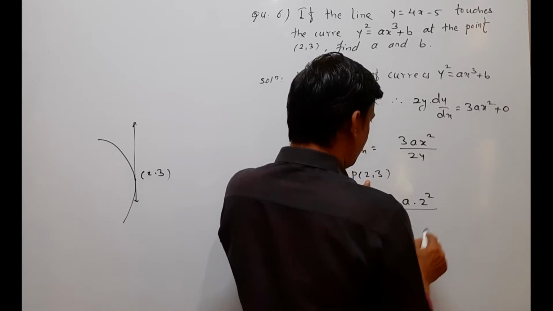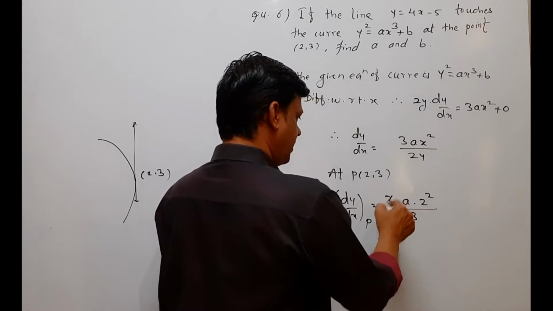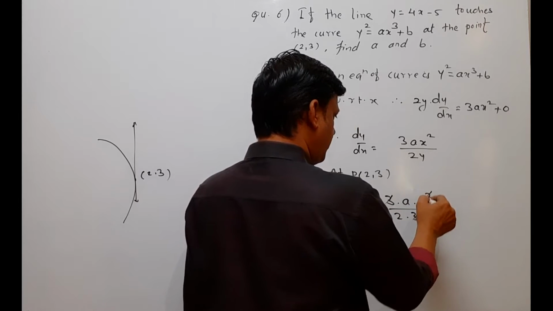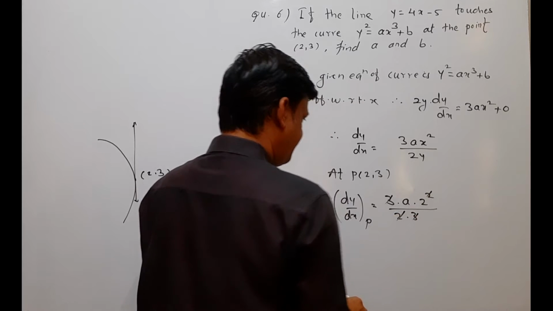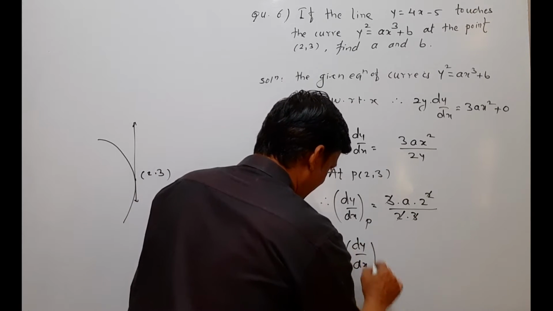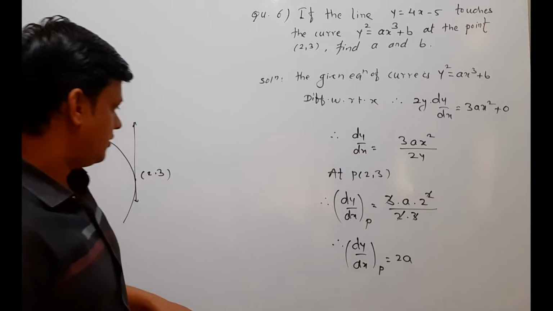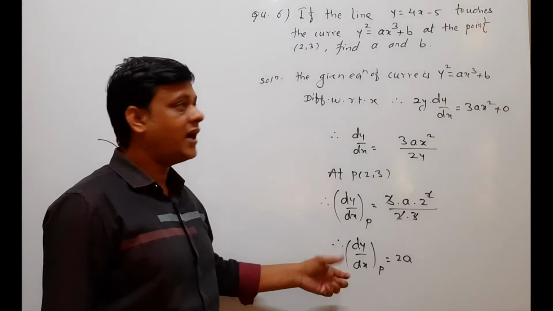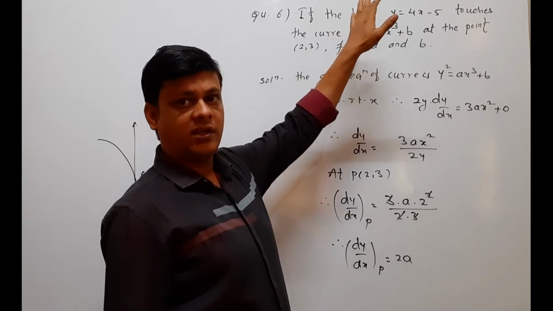So write 2 square upon 2 into y, value of y is 3. So these 3 get cancelled, 1 2 get cancelled. So right here dy by dx at p is equal to 2a.